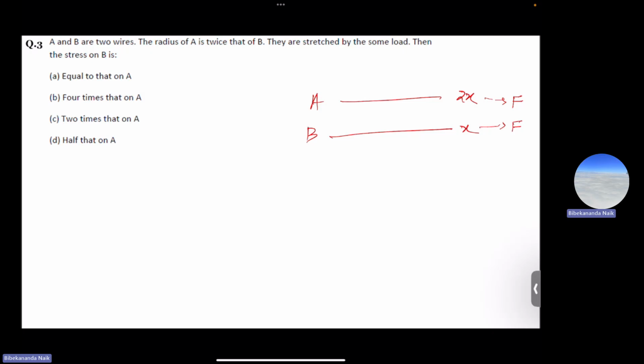Then we need to find out the stress of B in relation to A. This question is pretty much similar to the previous one. I'll give a few minutes to try this question and then we will discuss what will be the correct answer.